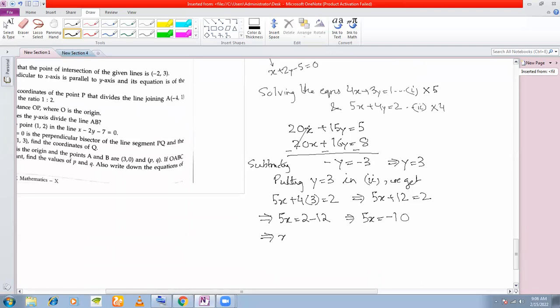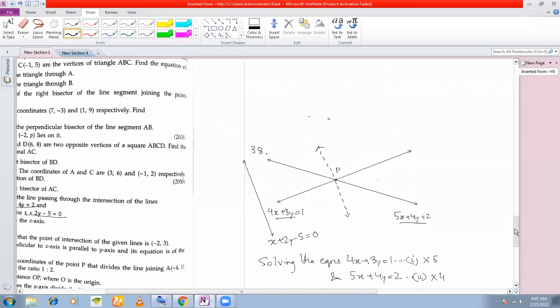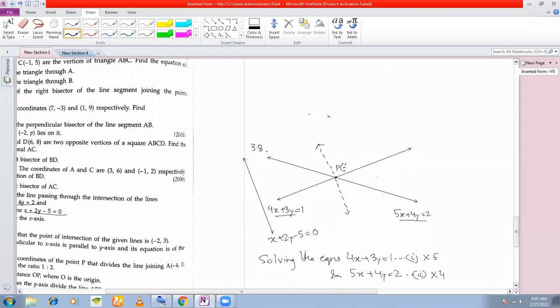That means x is equal to minus 10 by 5, which is minus 2. So what is the point of intersection? P of 1 and 2: the x coordinate is minus 2 and the y coordinate is 3. This is the point of intersection, P minus 2, 3.